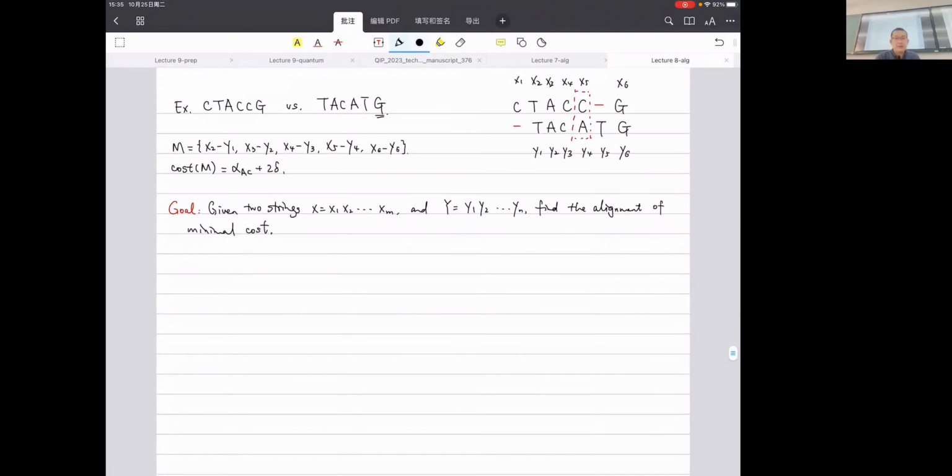For this problem, we also need to be a little bit careful, because as I just mentioned, shifting the string even by one bit significantly changes the problem and the cost. So we want to think about how to give a good model here. In dynamic programming, this is very important.